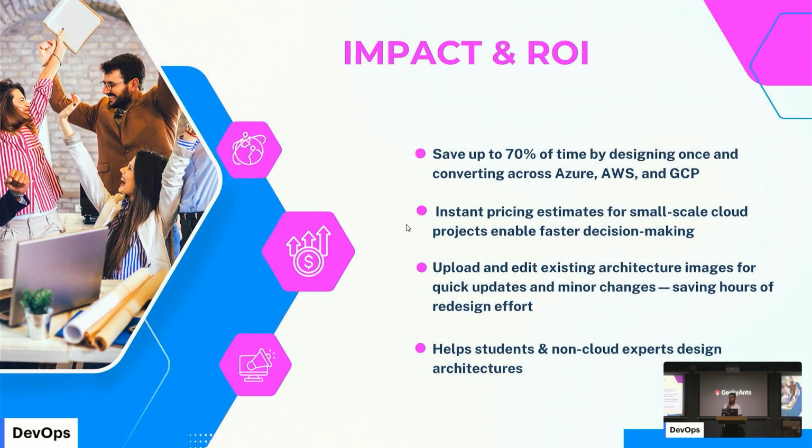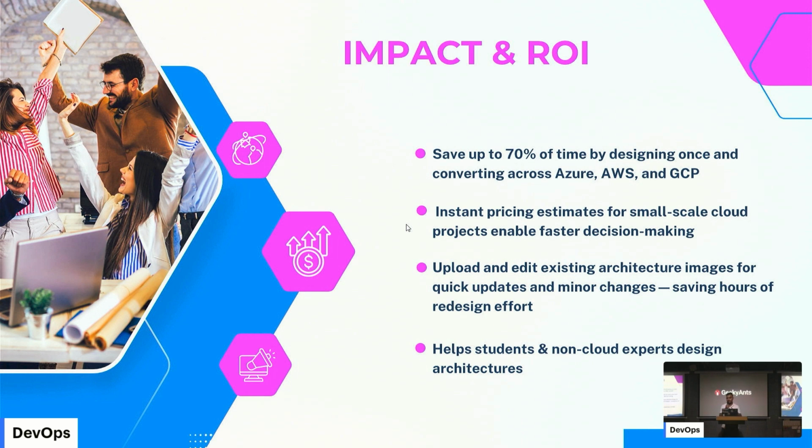So why we need to use this tool is mainly what I mentioned. If you draw it for Azure, you can convert to AWS and GCP in a single click. It is going to save you two times the time when generating a diagram for AWS and GCP. You can also save time in documentation, especially whenever the customer gives a new, challenging requirement which you are not aware of.